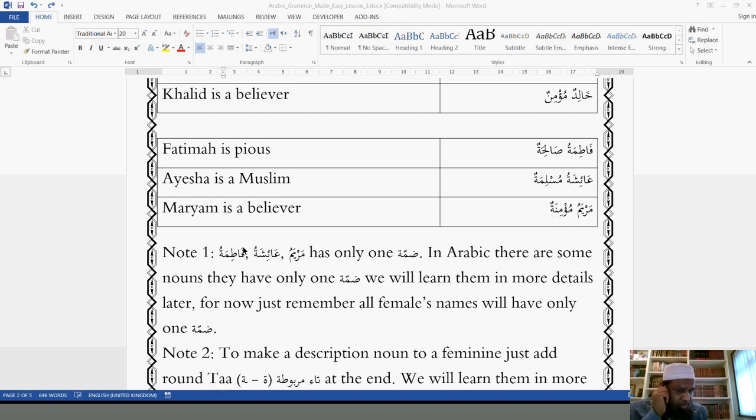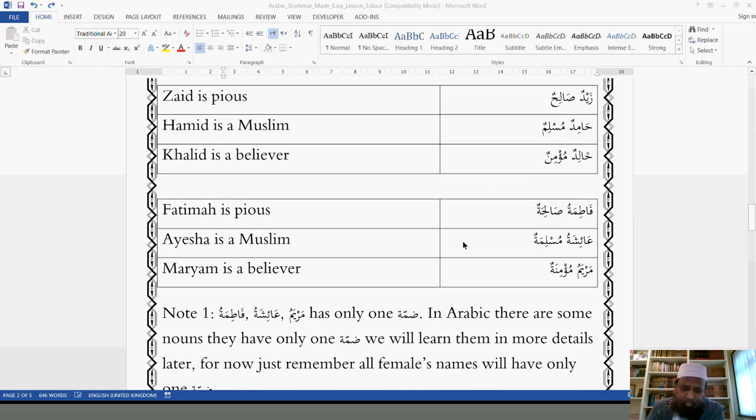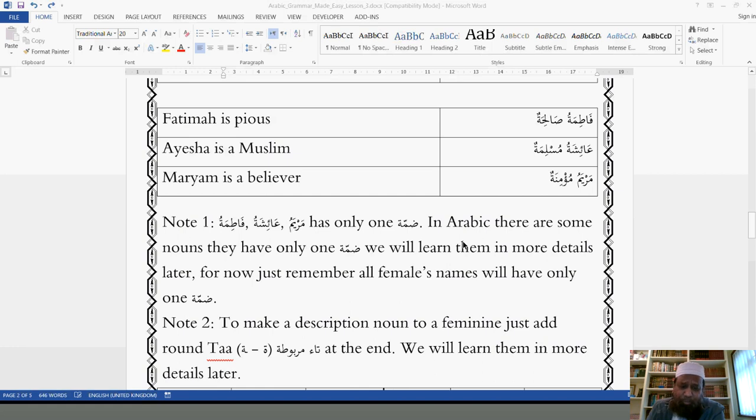Note number 2. To make a description noun into a feminine noun: Salihatun is a feminine noun. First we saw Salihun is a masculine noun and Salihatun a feminine noun. So how do we make a feminine noun? This rule is only applied to the description nouns, not to any other nouns.